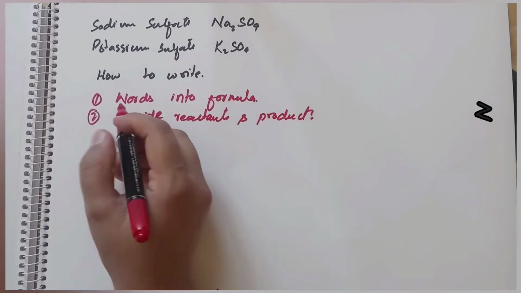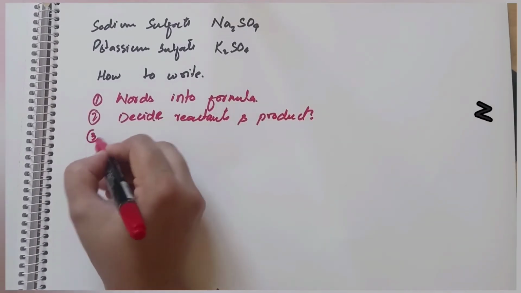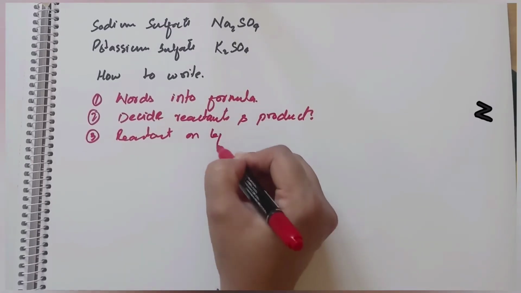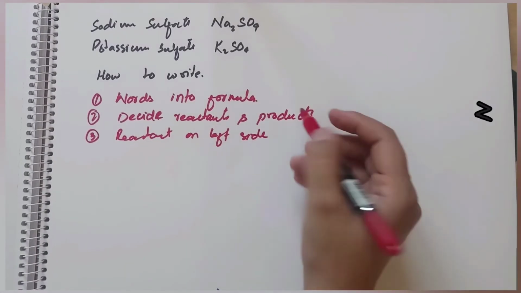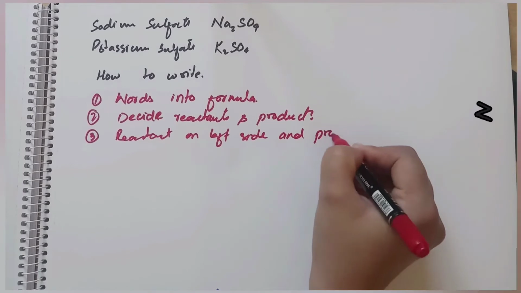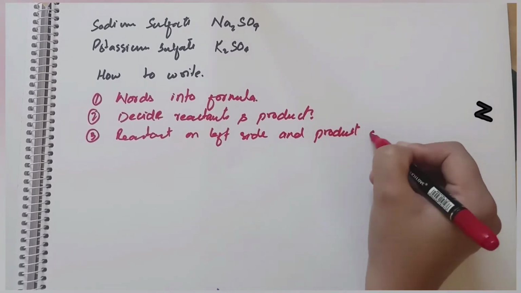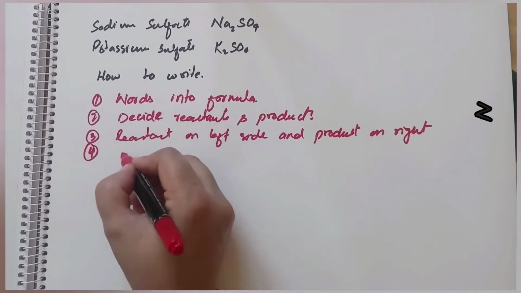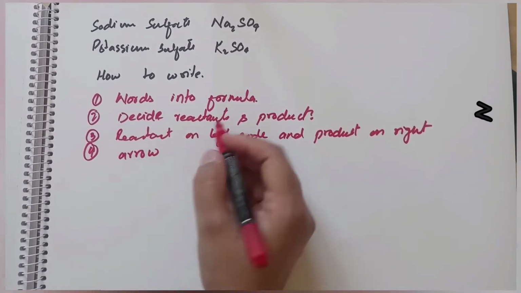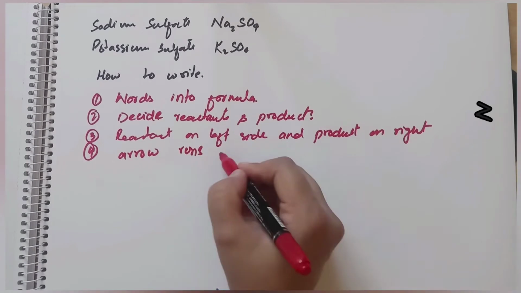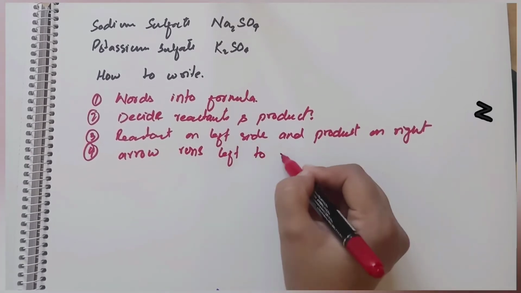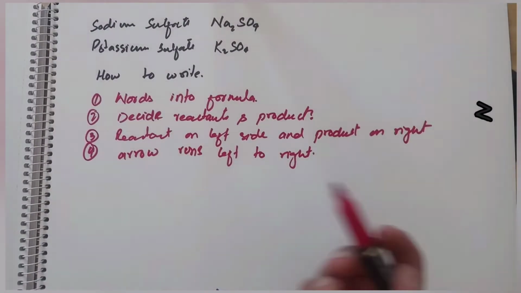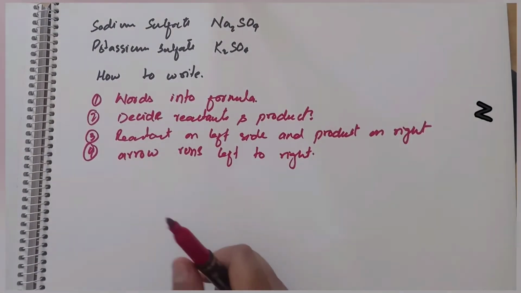Number 3, write the reactant on the left side and product on the right side. And number 4, an arrow which runs from left to right. So by following these 4 steps, you can write a chemical equation from any description.